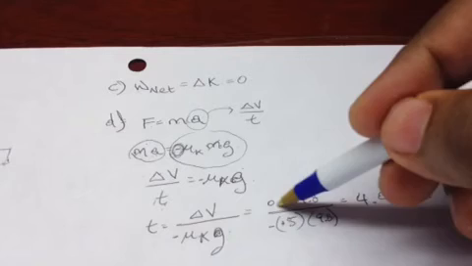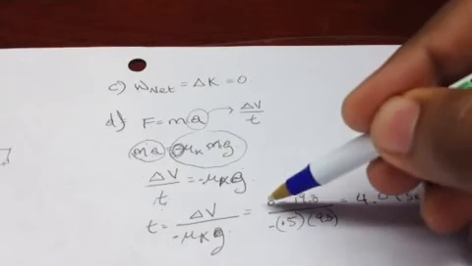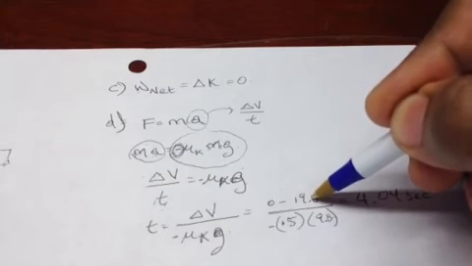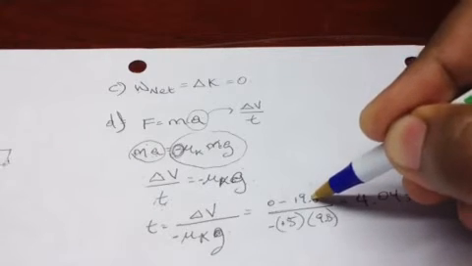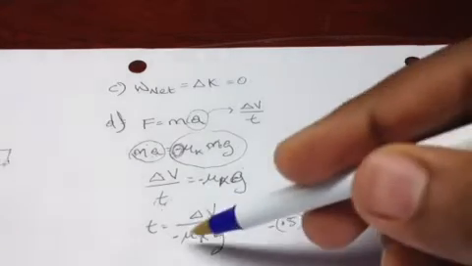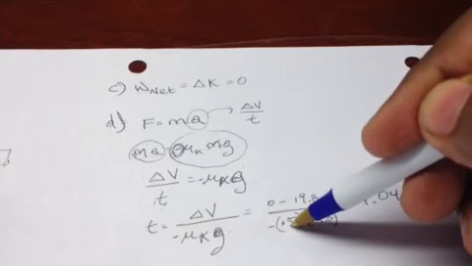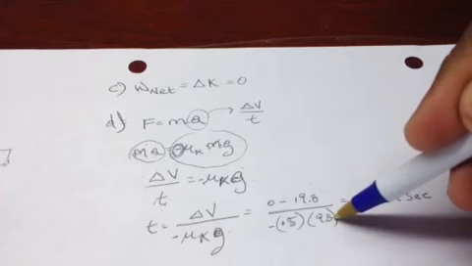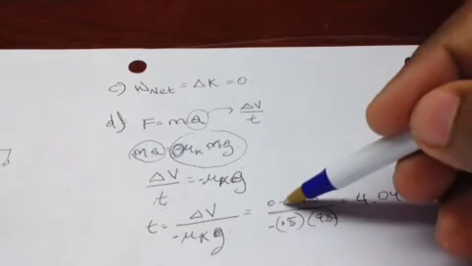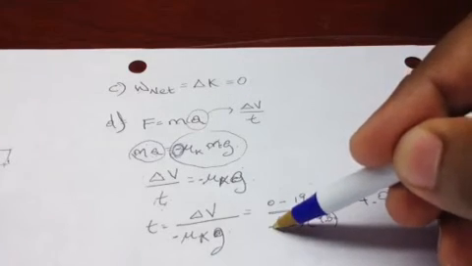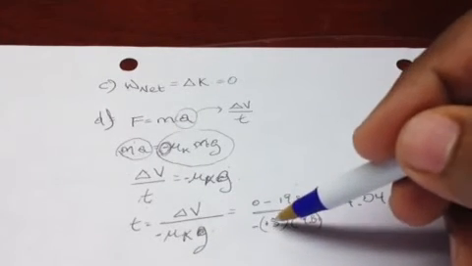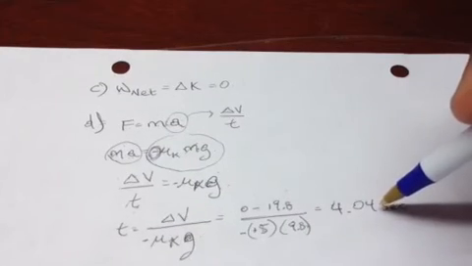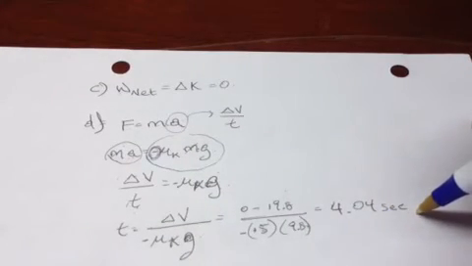And that equals, well, the final velocity is 0, minus the initial velocity of 19.8, what we solved for in part A, divided by the negative mu k, which was 0.5 in region B, times g, 9.8. Negative divided by negative will give you a positive. 19.8 divided by 0.5 times 9.8 will give you 4.04 seconds.